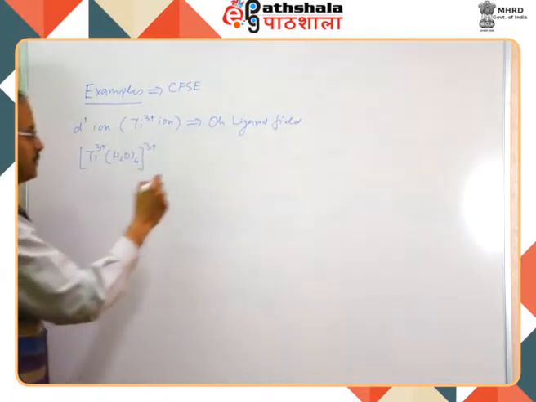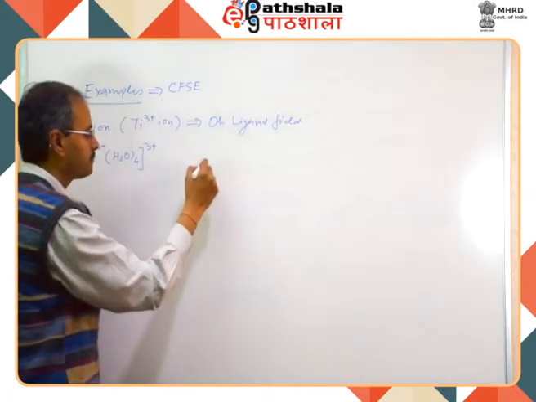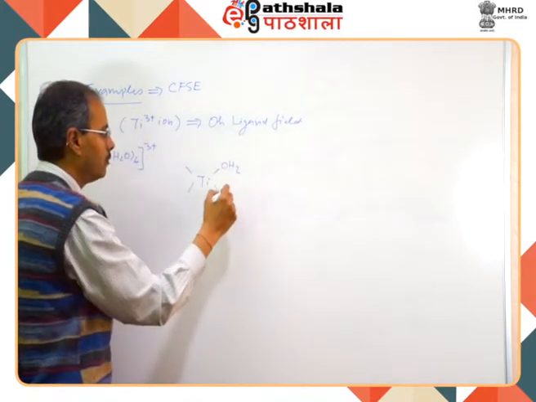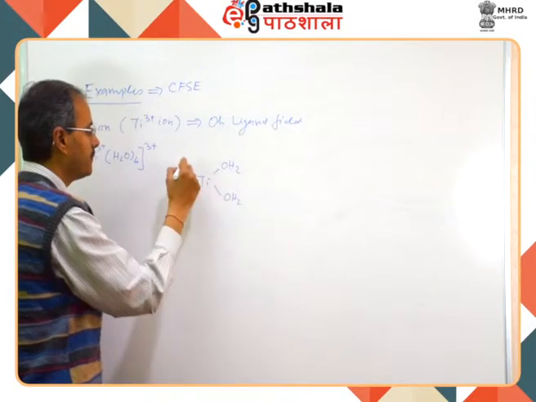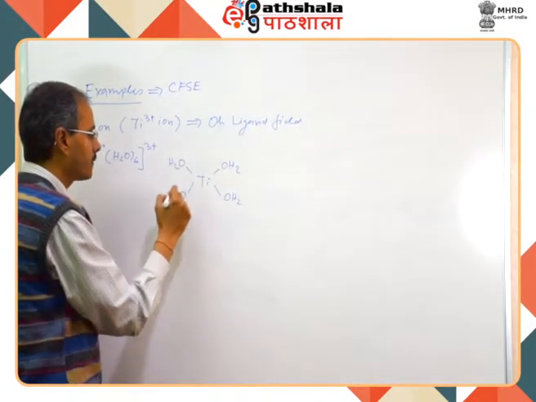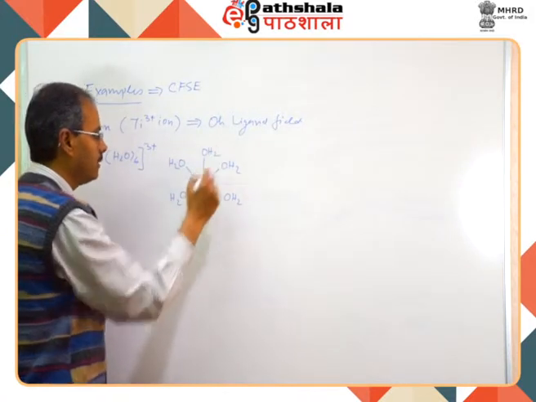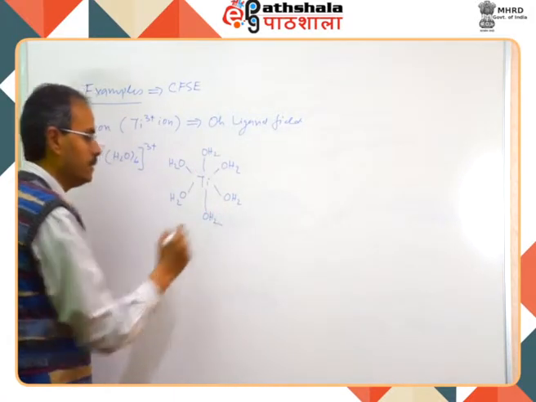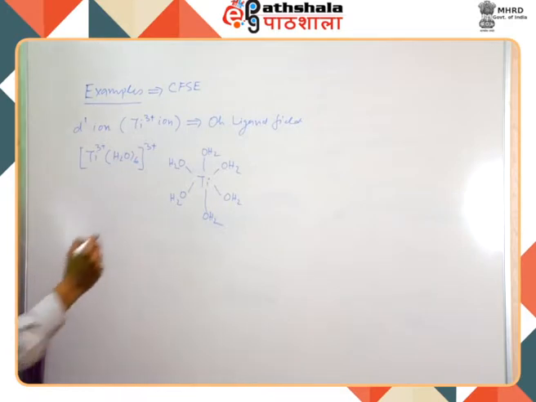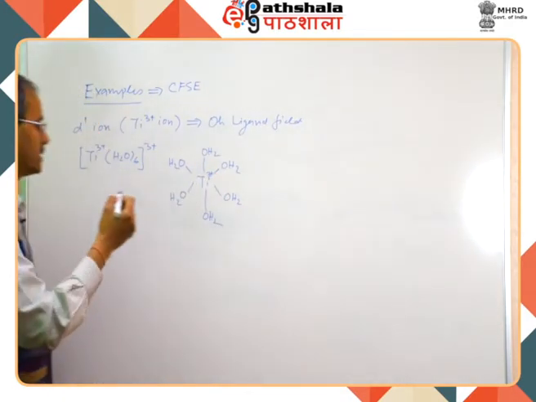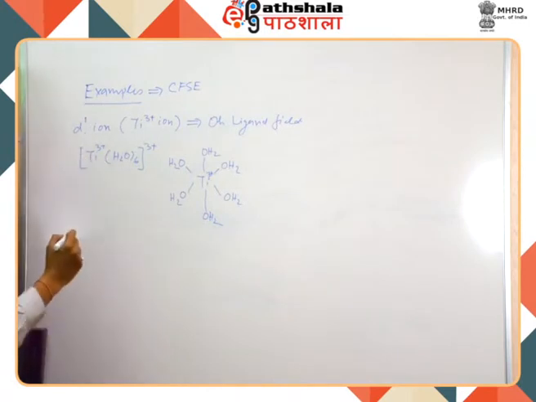So that means we can schematically draw, this is the basal plane, 4 water molecules are present in the basal plane, and then 2 water molecules are occupying the axial positions. Now for this ion, remember it's a 3 plus, so that means it's a D1 electronic configuration.